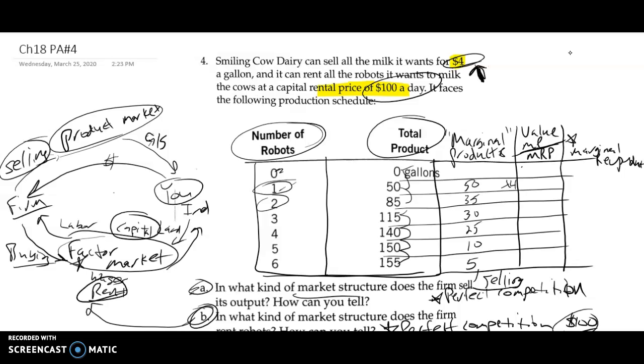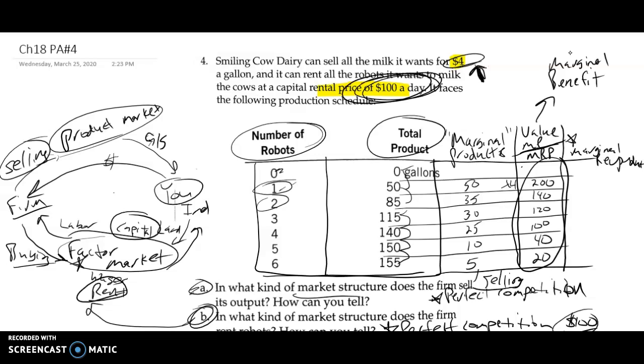And so 50 times 4 would be 200. And I do that for each one of those. We'd have 140, 120, 100, we'd have 40, and 20. And this column is a very important column for us because it tells us basically the extra benefit that we get from each one, the marginal benefit.